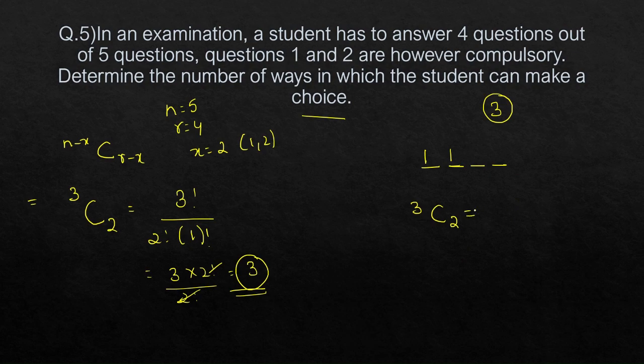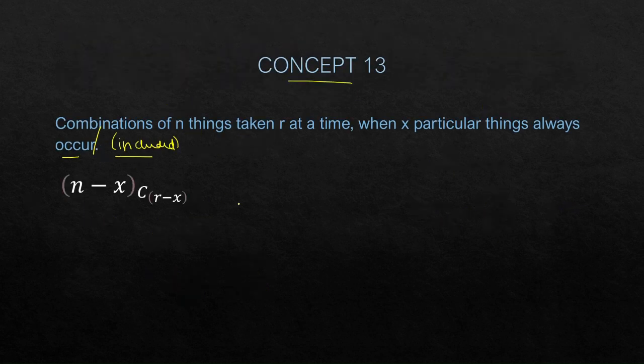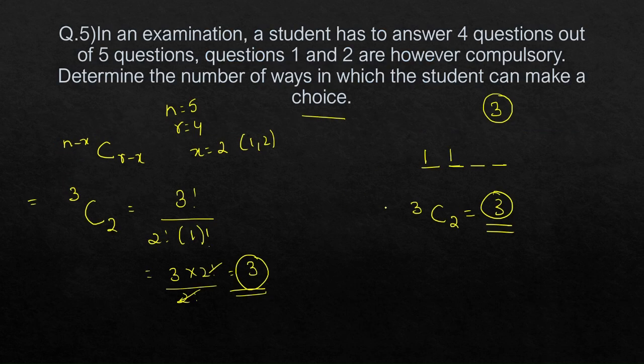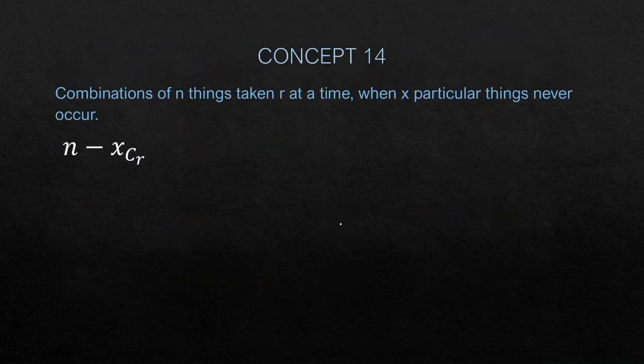This way also we would have the same answer, which is 3 options or 3 choices available. This is similar to concept number 6 that we covered in the previous videos. So you can refer to that for a better understanding of the formula. Here also I've tried to explain with the question itself.